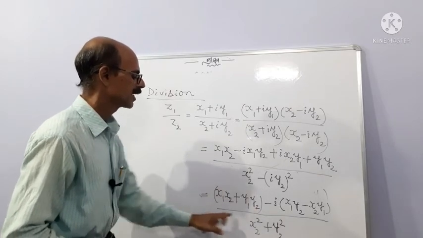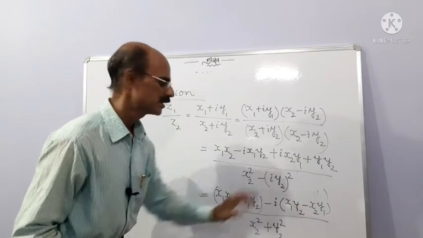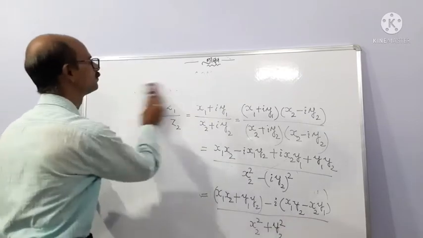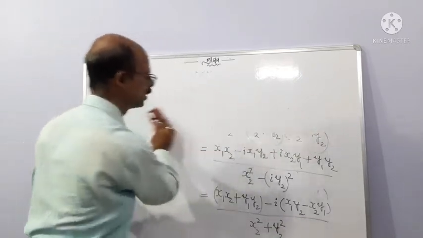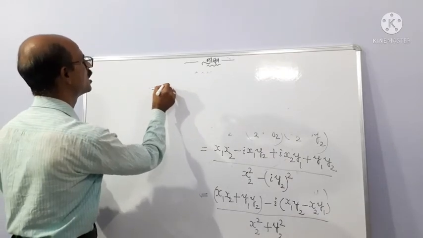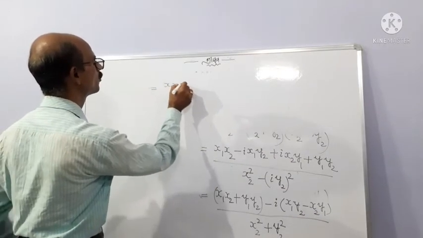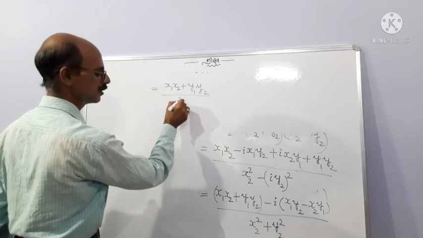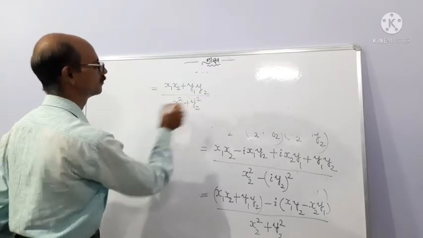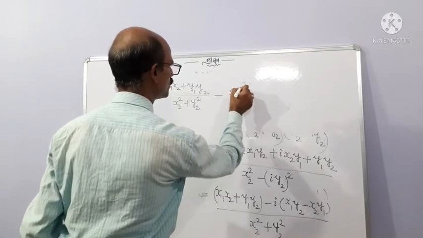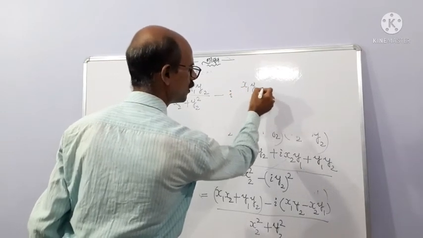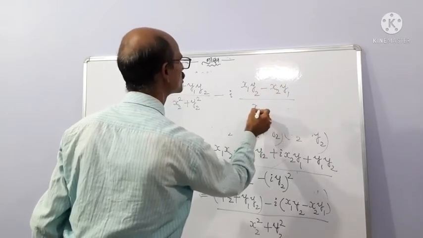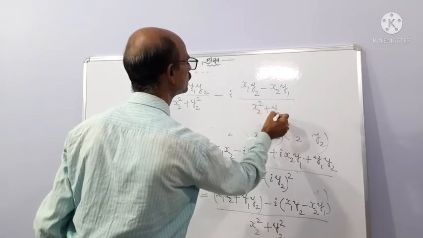Here this is completely the real part and this is the imaginary part. So real part by this minus imaginary part by this. That is equal to x1 x2 plus y1 y2 divided by x2 square plus y2 square, minus i into x1 y2 minus x2 y1 divided by x2 square plus y2 square.